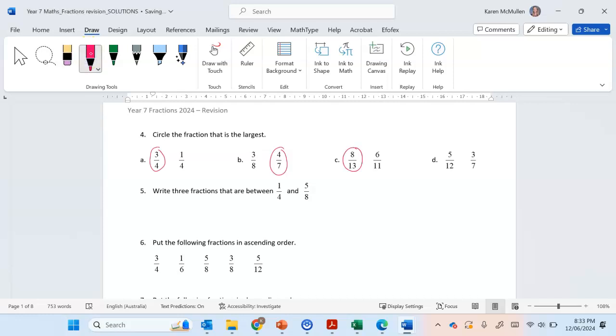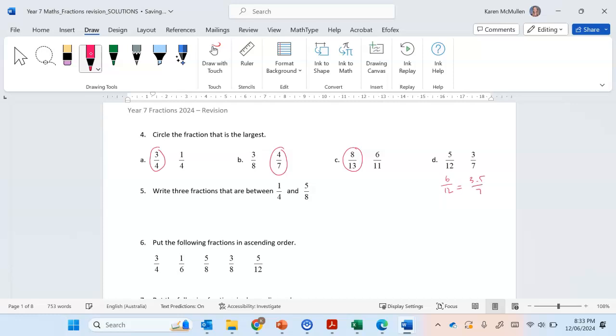All right, 5/12 and 3/7. So here, again, we're pretty close to a half, so both of them are just under a half. So 5/12, if we were writing half with the denominator of 12, it would be 6/12, and then comparing that to 3.5/7.